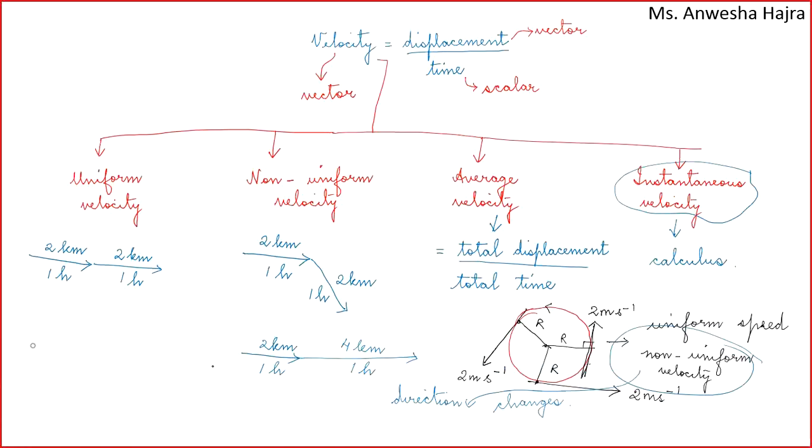So we call it non-uniform velocity. Circular motion is an example, provided it is having the same speed, of course, it is uniform speed but non-uniform velocity because the direction of the velocity changes point to point. So velocity has two things. It has magnitude and at the same time it has direction.